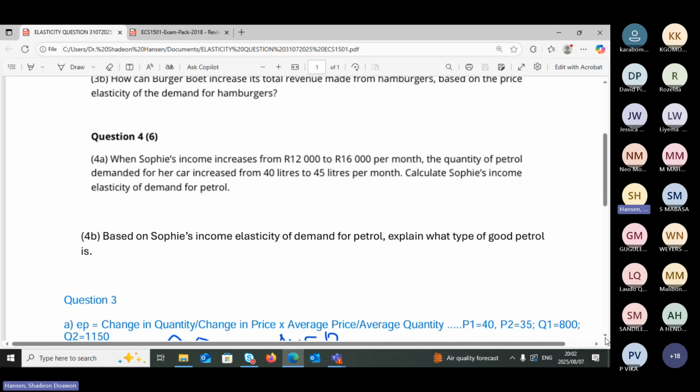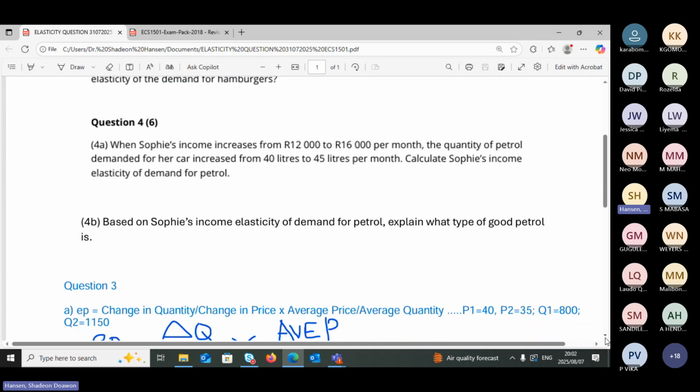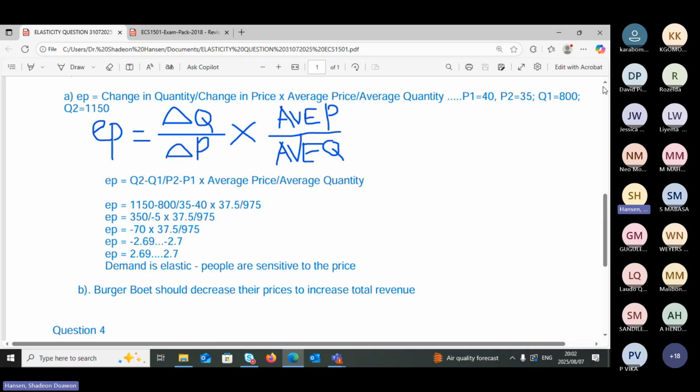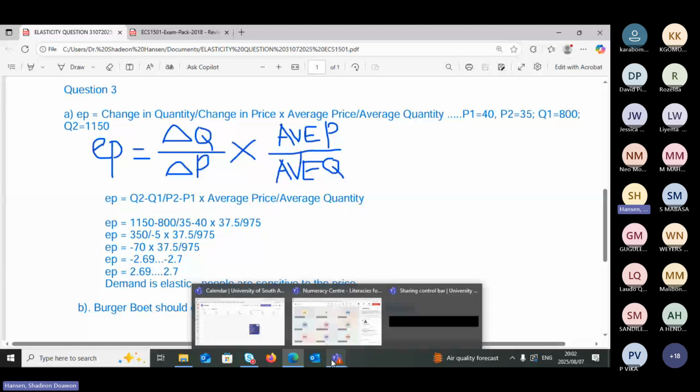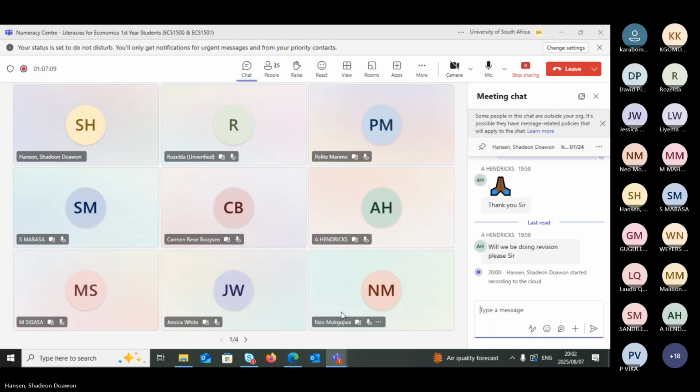We've looked at our answers over here. What we did was, as you can see over there, we used the arc formula. Are we together? We used the arc formula over there. However, we were not wrong, students. Please note that we were not wrong. It's just that when I went back to go over the memo, I see that the formula was actually the point formula.